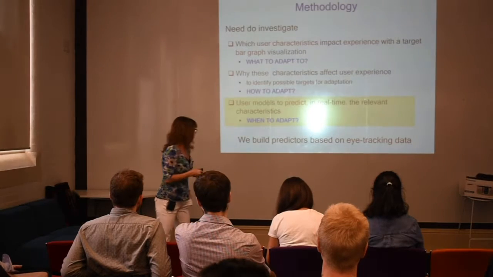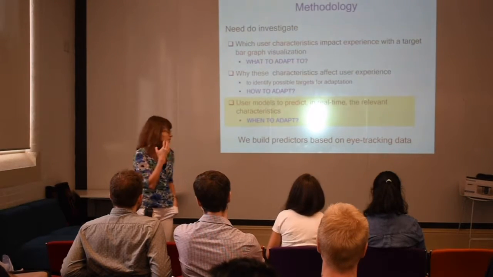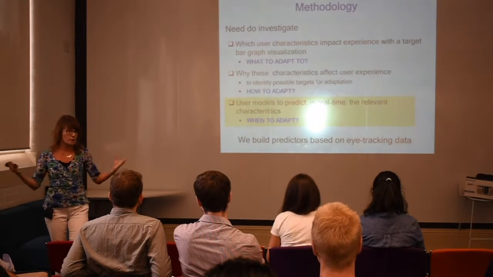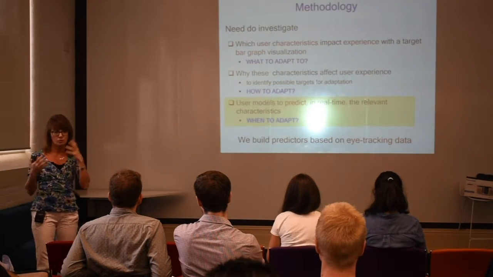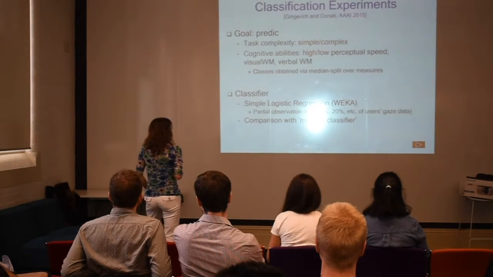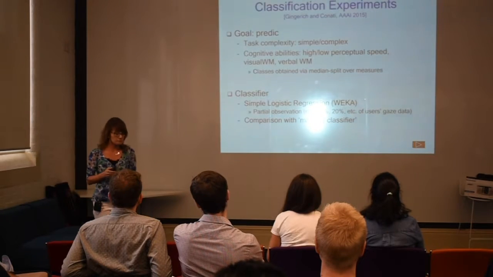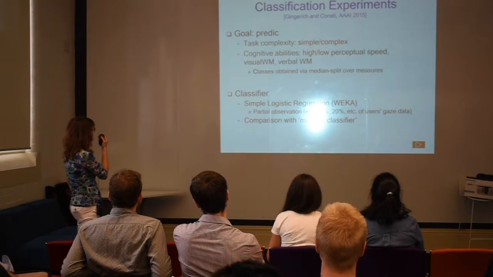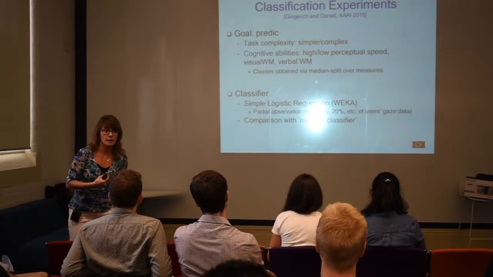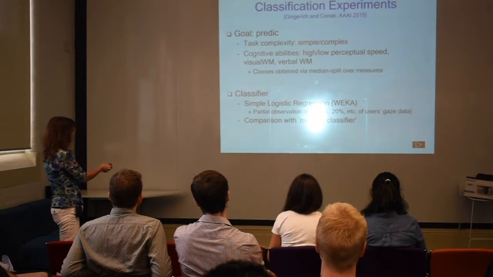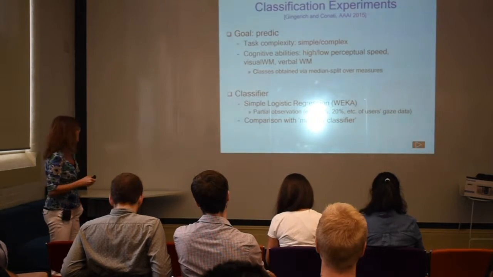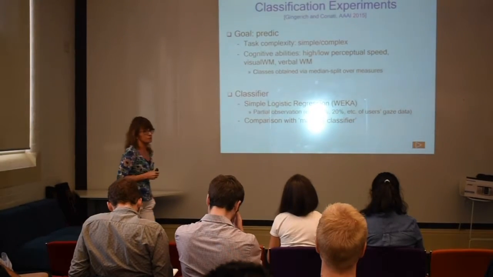So we try to build predictors using machine learning techniques based on the eye tracking data, because that's all we have here. There is no interaction whatsoever using mouse or keyboard features. It's all based on looking. So just very quickly, the classification experiments here relate to being able to build machine learning classifiers that can predict complexity, so if the user is doing a simple or a complex task, and these cognitive abilities, okay?